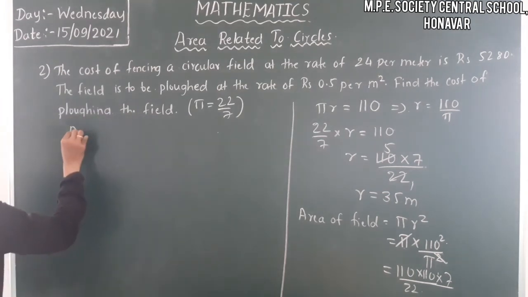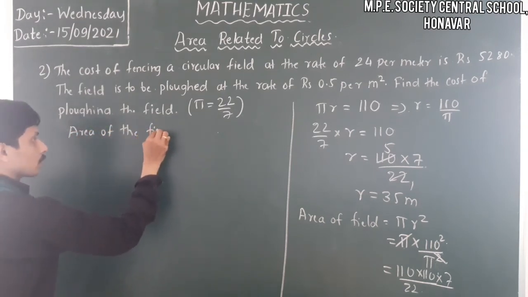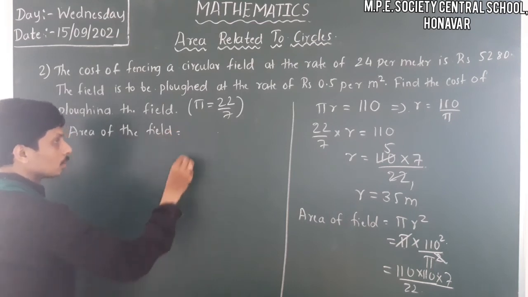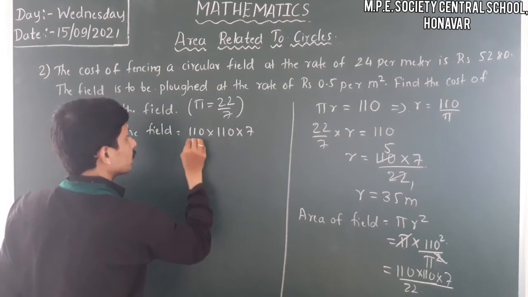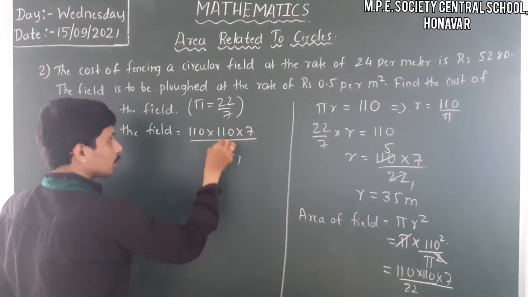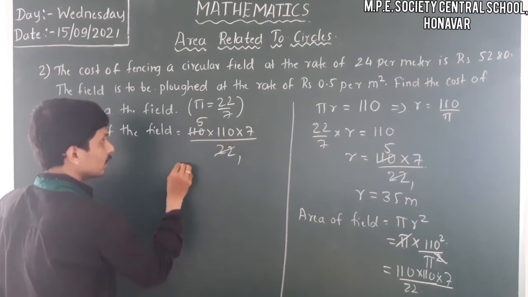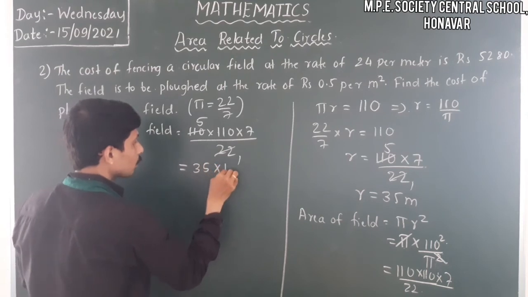Then area of the field is equal to 110 into 110 into 7 divided by 22. 22 into 1 and 22 into 5 here. That is 7 into 35 into 110.